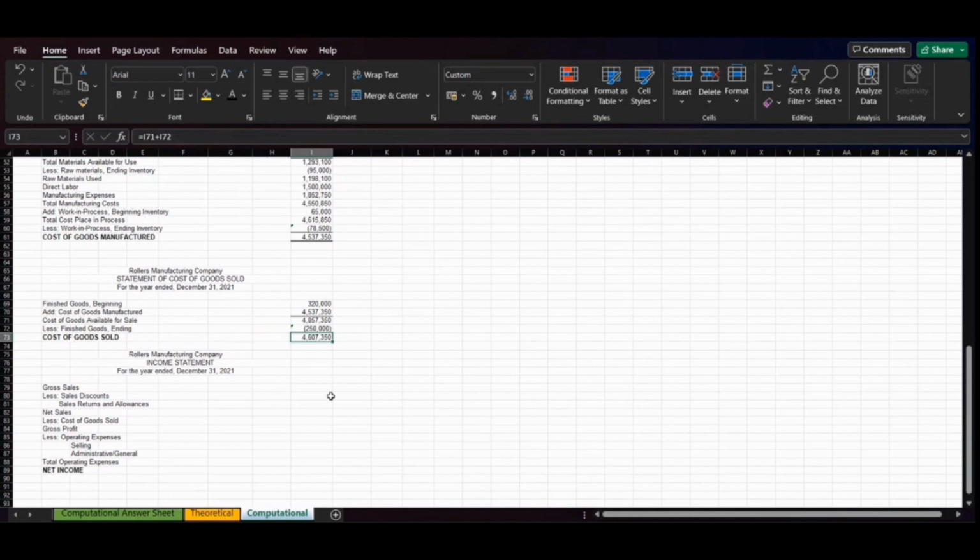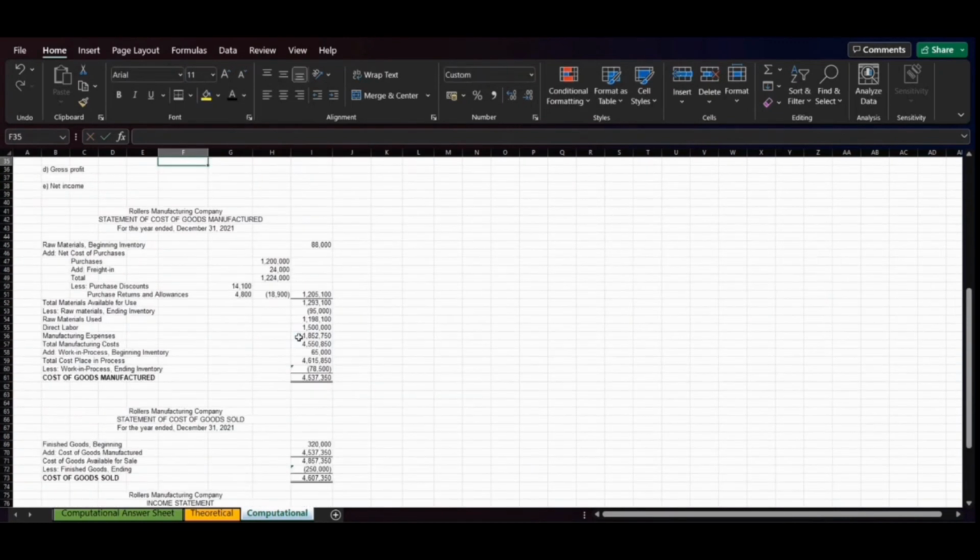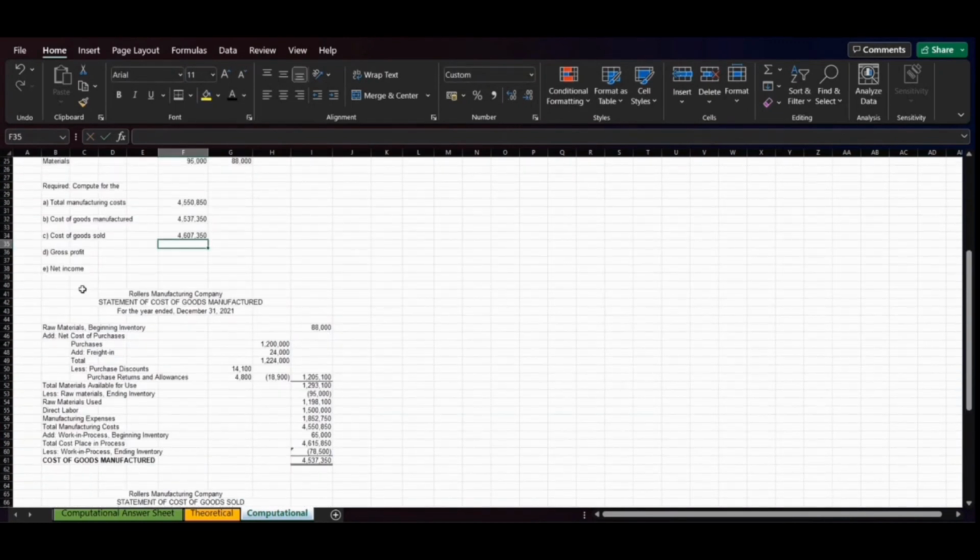So, ayan ang ating cost of goods available for sale. So, tapos na natin kunin yung cost of goods manufactured at cost of goods sold. So, ang ating cost of goods sold ay 4,607,350.